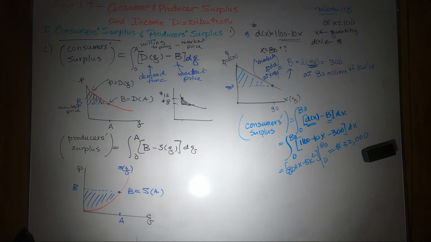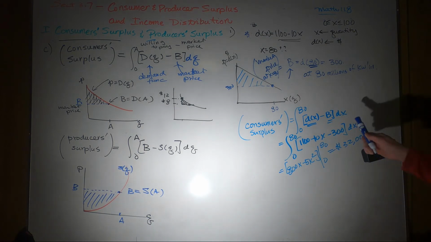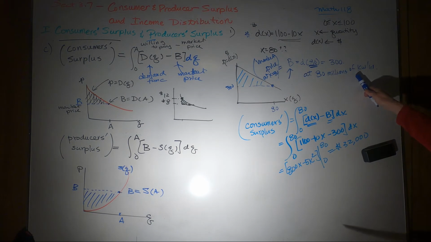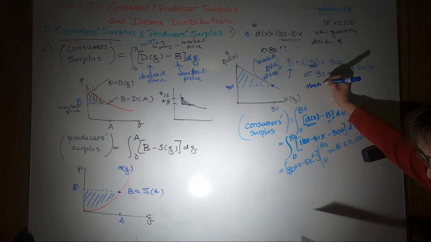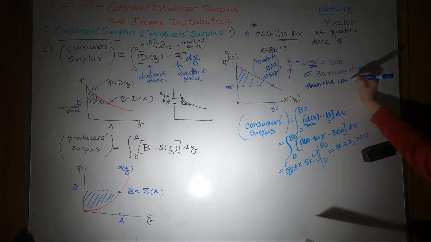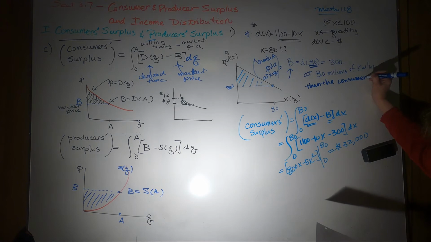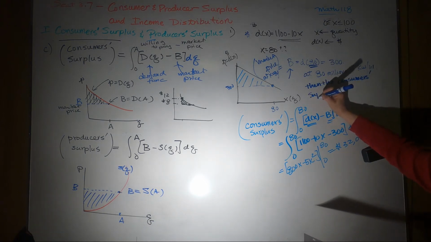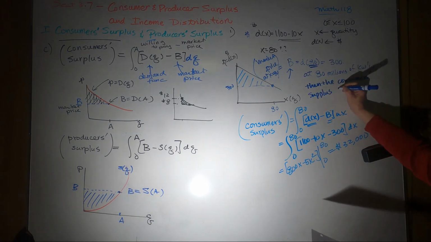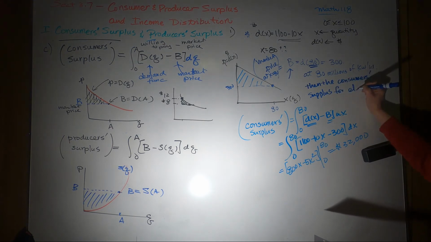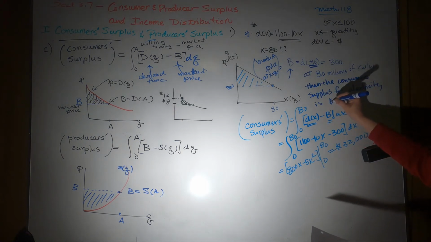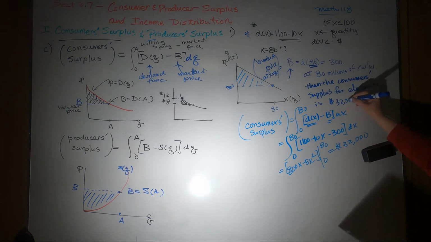So what does this tell us? If the electricity company produces 80 millions of kilowatt hours, then the consumer surplus for electricity is what? 32,000.